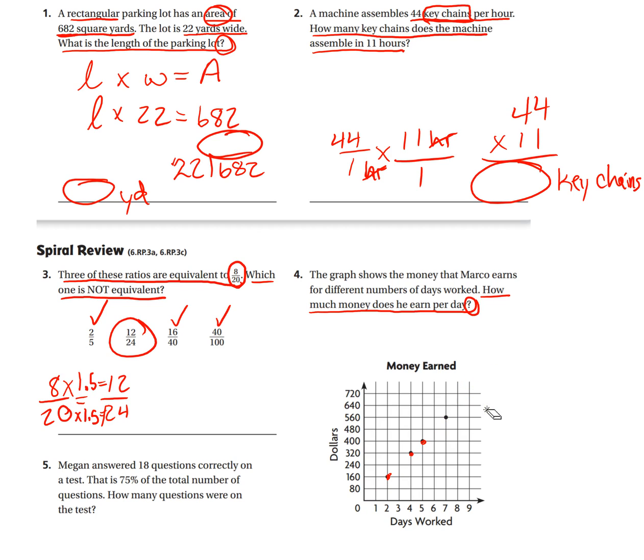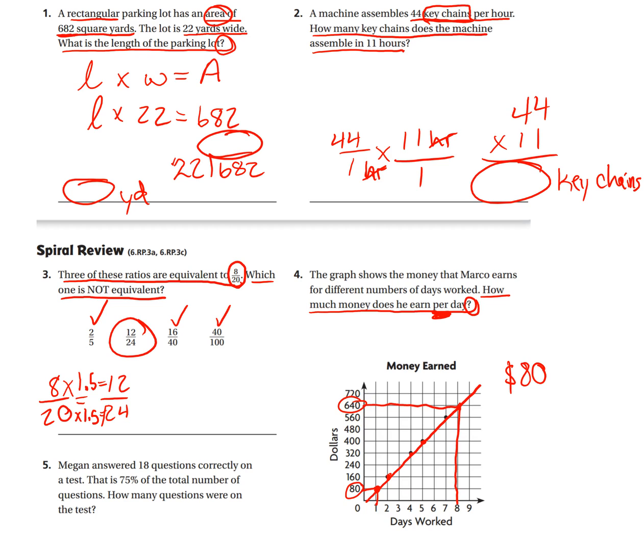And here, let me see if I can use a book to be my straight edge on my computer screen. So I can draw a little better line for you guys. That's slightly better. So we can see that 1 day, or per day, remember per day means every 1 day, he's going to make $80.